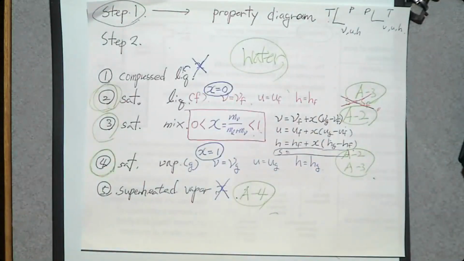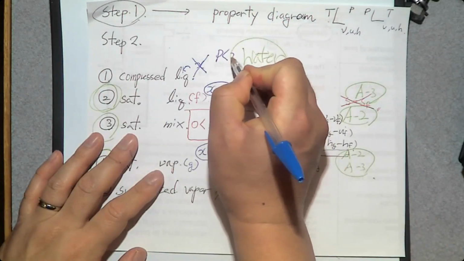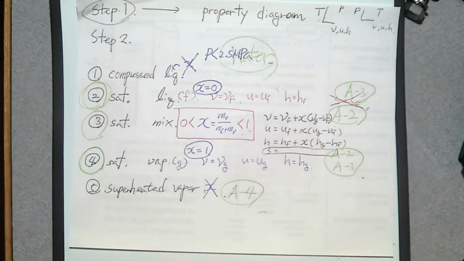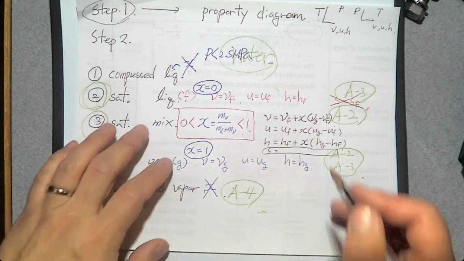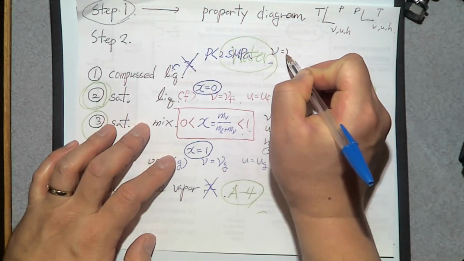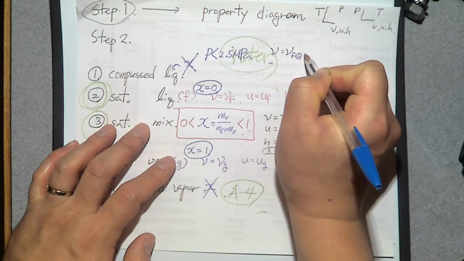If the pressure is less than 2.5 megapascal, then our assumption is there is no difference between saturated liquid and compressed liquid as long as the temperatures are the same. So if you want to determine specific volume, it's going to be the specific volume of saturated liquid at the same temperature.